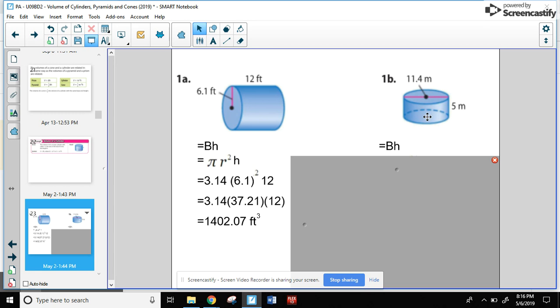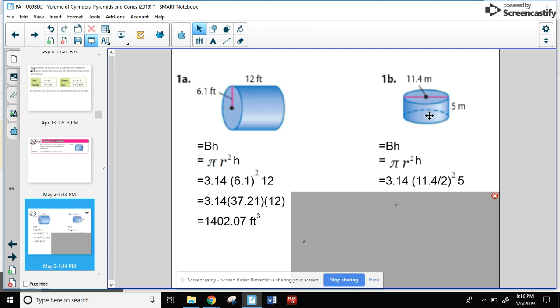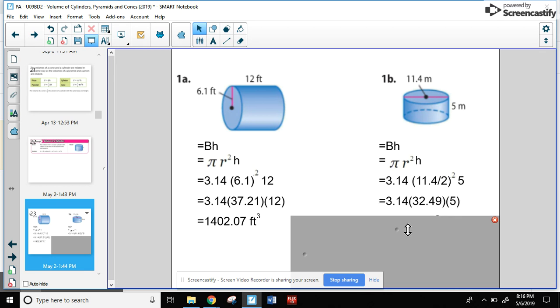My base times my height. My base here is pi r squared. Then my height. So I do 3.14 for pi. I do my radius, which is 11.4 divided by 2, because my radius is always half of my diameter. I square that number, and then I'll multiply it by 5.